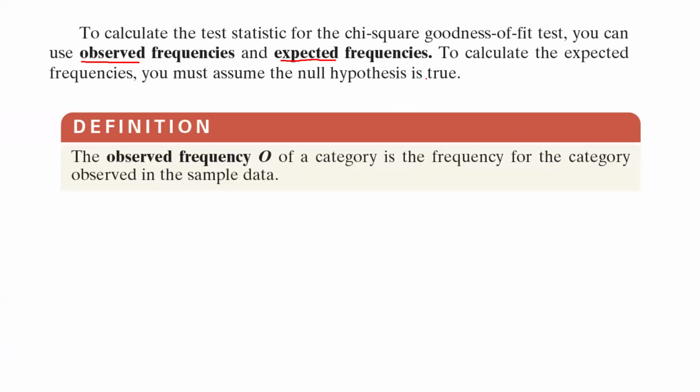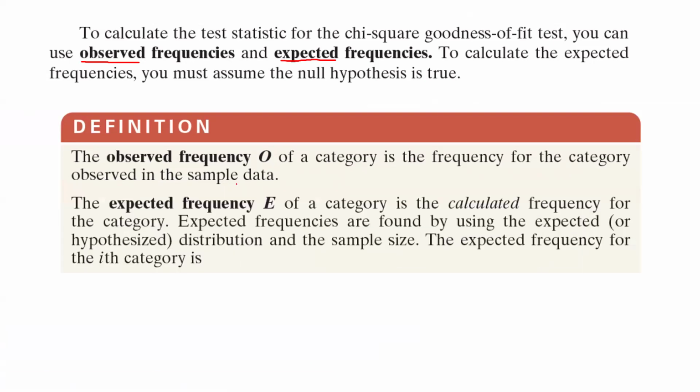Definition. The observed frequency, denoted by O, of a category is the frequency for the category observed in the sample data. The expected frequency, denoted by capital E, of a category is the calculated frequency for that category. Expected frequencies are found by using the expected or hypothesized distribution and the sample size.